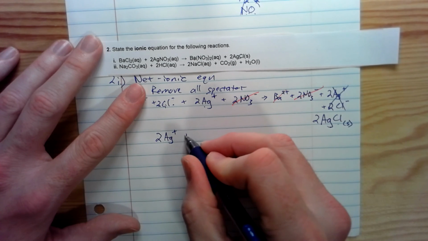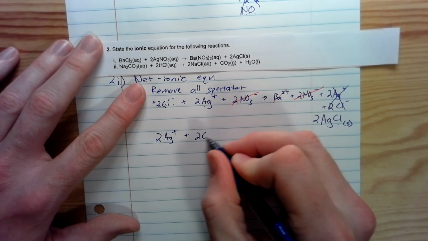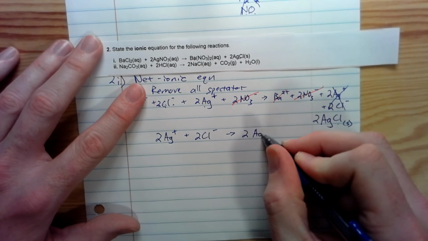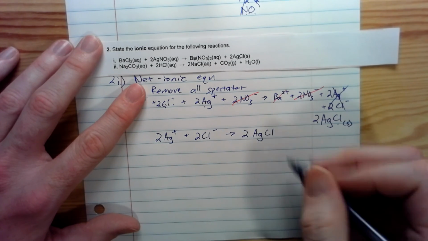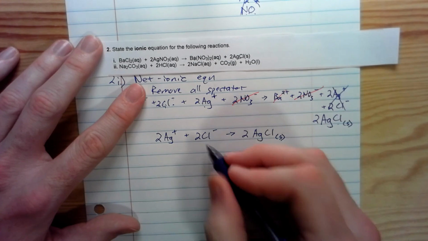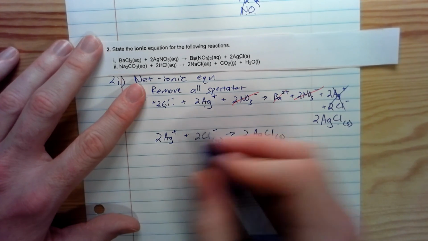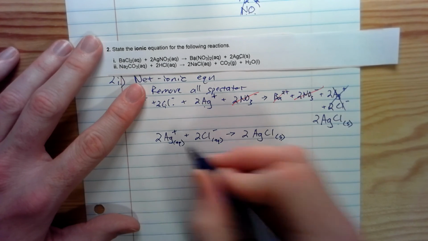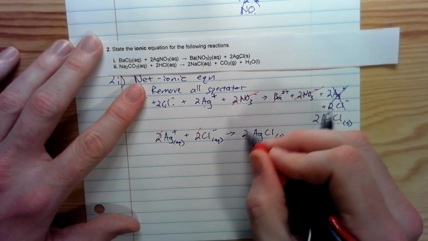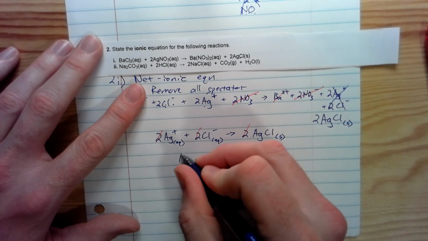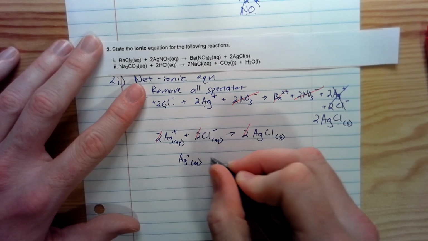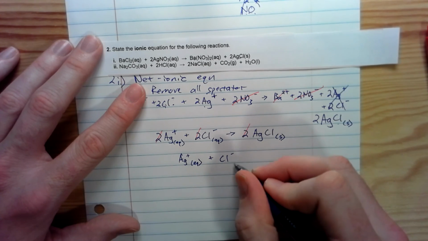Normally the cation is named first, and then 2 Cl minuses, and there are 2 AgCl right here. Okay, and let's go ahead and put those state symbols back. All right, and now those 2's are unnecessary, so I can drop those, and so my final answer ends up just being the same without the coefficients.